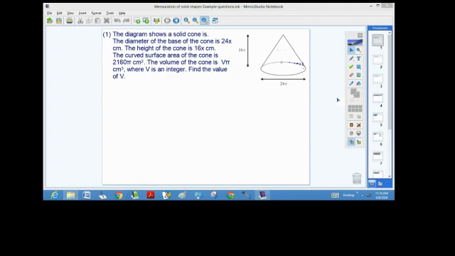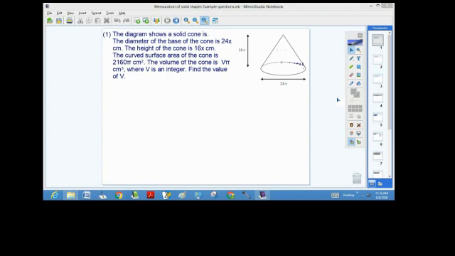The curved surface area of the cone is 2160 pi centimeter square. The volume of the cone is V pi centimeter cube, where V is an integer. Find the value of V.